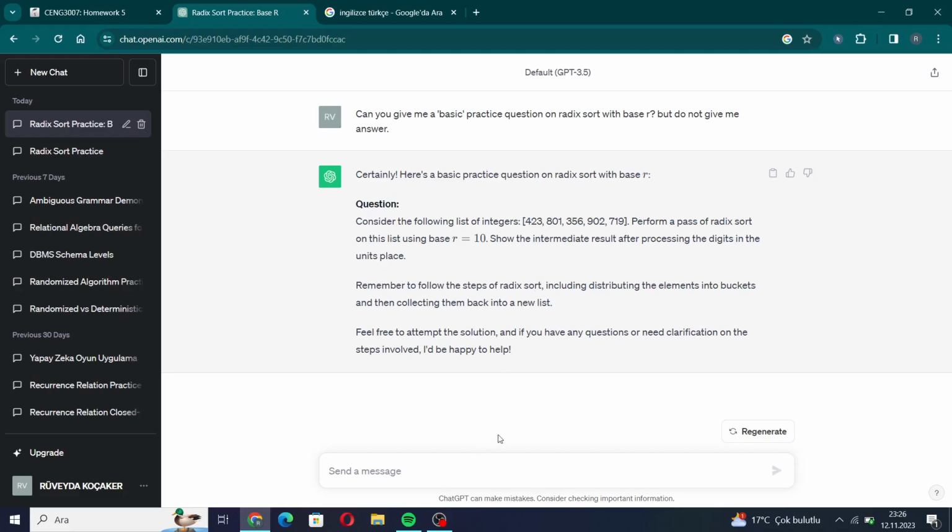Let's start. Bucket 0, then bucket 1. I will do it like that.